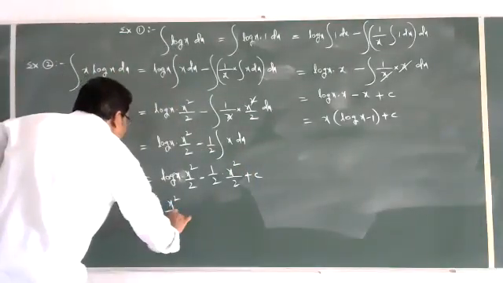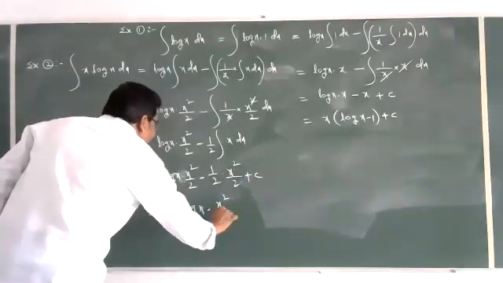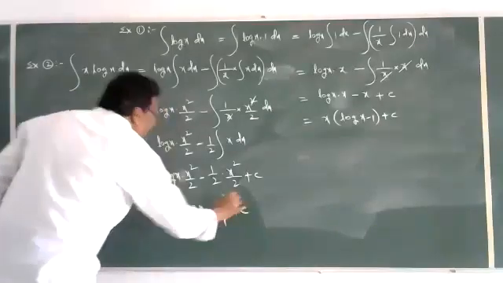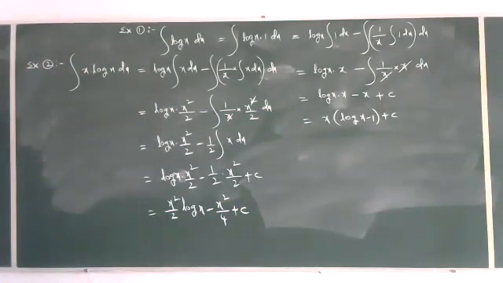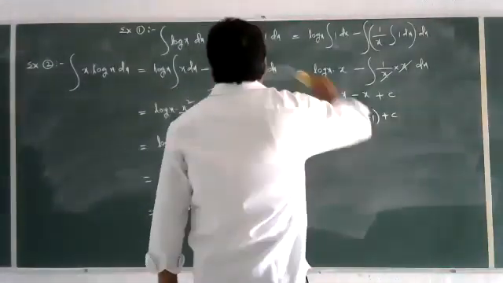That is x square by 2 into log x minus x square by 4 plus c. That is the answer.